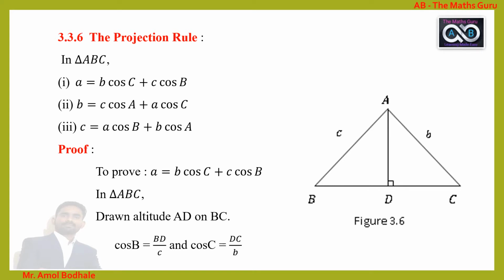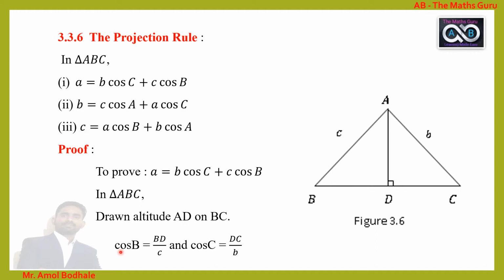So here in triangle ADB, we can consider cos B. Cos B is equal to adjacent side upon hypotenuse, that is cos B equal to BD upon c, and in triangle ADC, cos C is equal to adjacent upon hypotenuse, that is DC upon b.